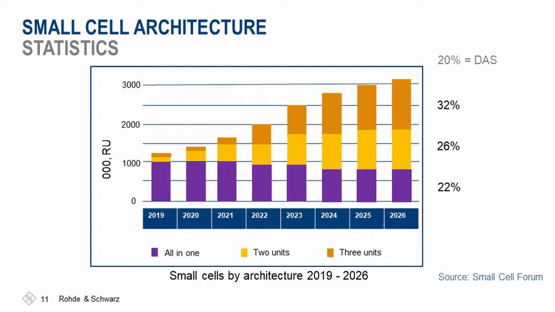So now the all-in-one integrated small cells are the majority and dominant, and this will remain for the next couple of years until 2023, when the split architectures, the dual, the 2-unit and the 3-unit small cells will grow in numbers, and by 2026 you will see a slight decline in the integrated small cells, and by then you can see the percentage of the different variants: 22% of integrated small cells, 26% of these 2-unit small cells, and 32% of the 3-unit architecture, right?